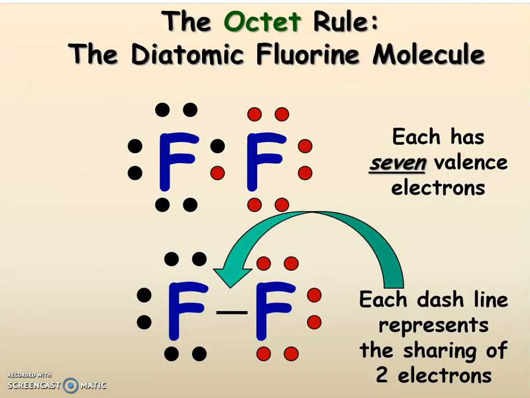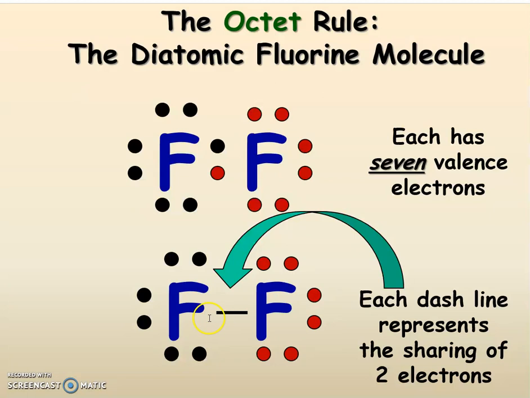Okay, so starting to look at how this comes together. We'll start with something nice and simple. We have two fluorines. Fluorines come together because each one has 7 valence electrons. One electron is shared with each other. If you notice, when we overlap those two, each fluorine has its stable octet. Now, we never keep it with the dots.